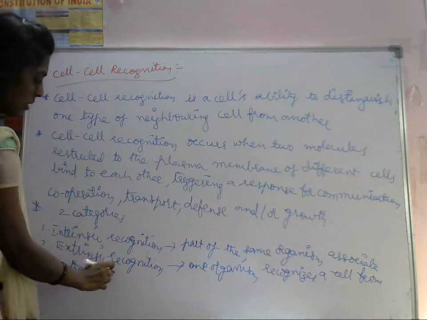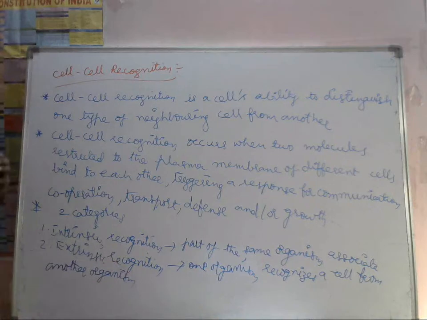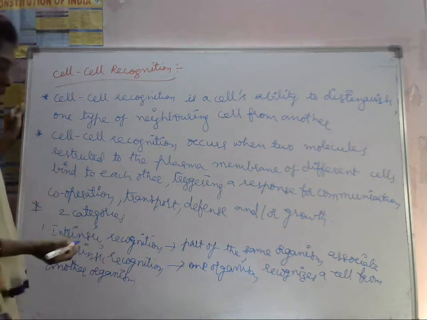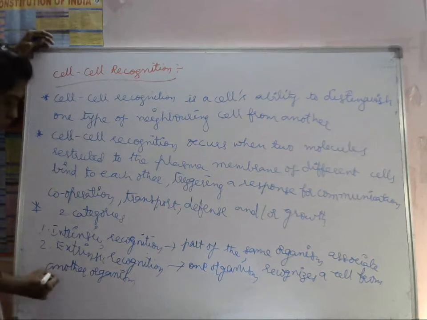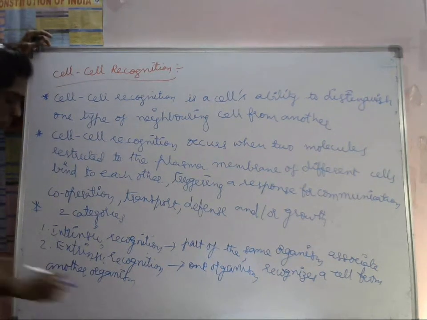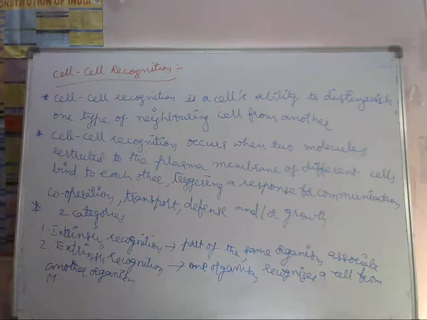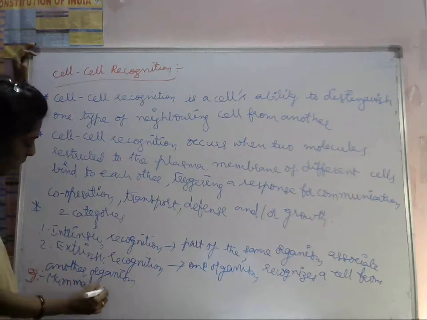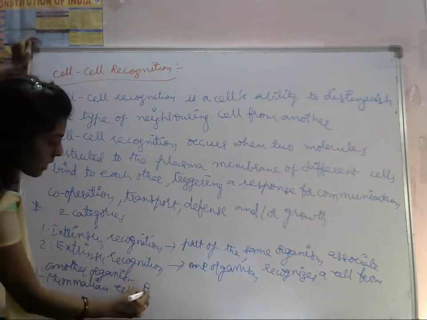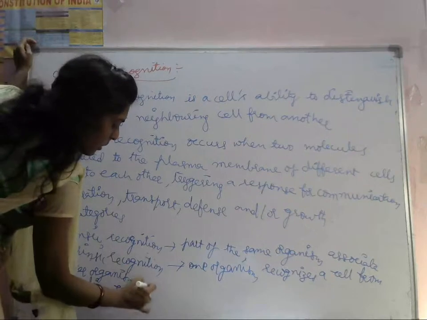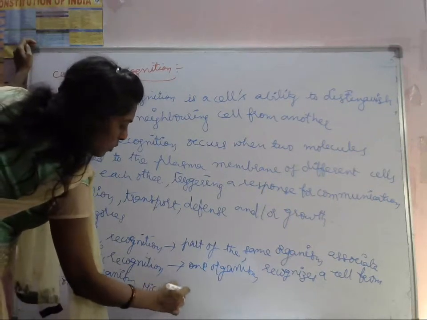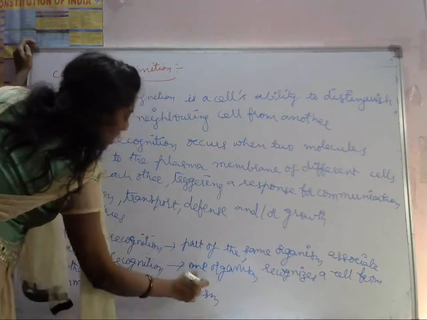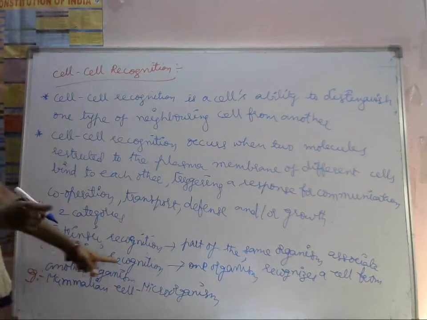Example, a mammalian cell interacting and recognizing a bacterial cell, a microorganism. This type of recognition is called extrinsic recognition.